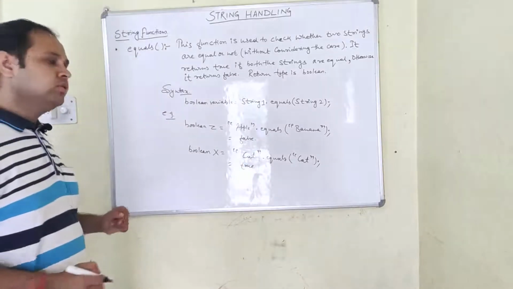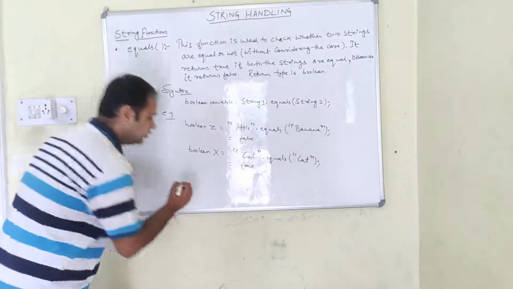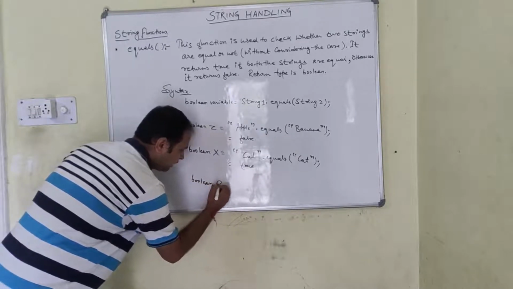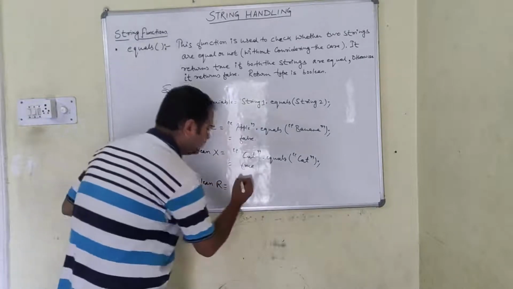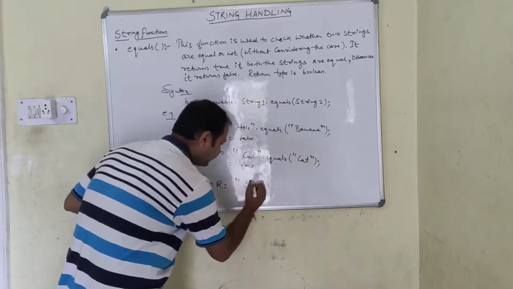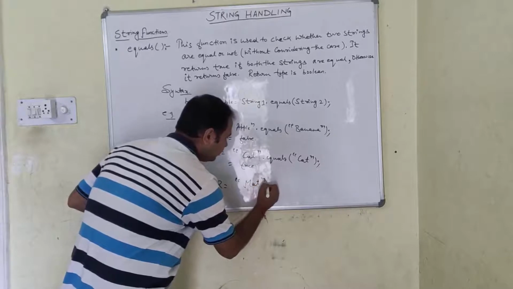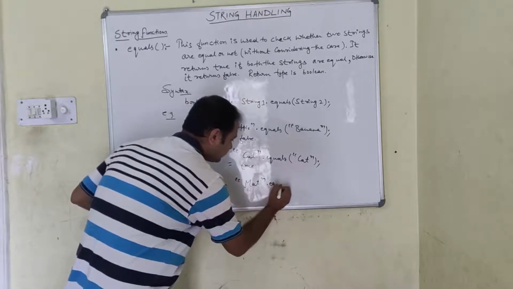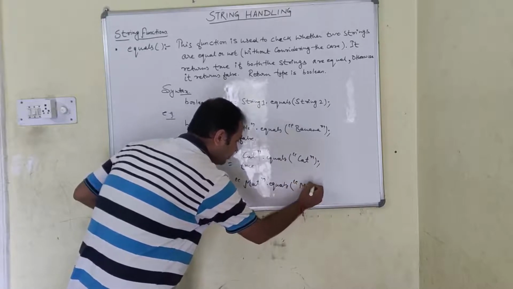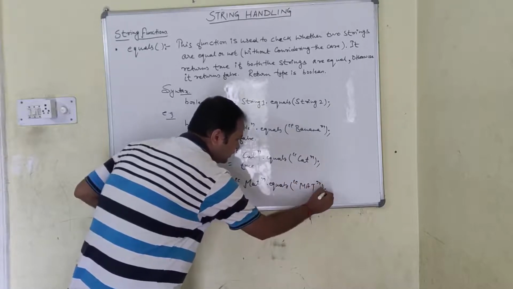Okay, now I show the third example, Boolean r equals to, suppose I write here mat.equals, and in uppercase I write here MAT, the same word but with all the letters in capital.